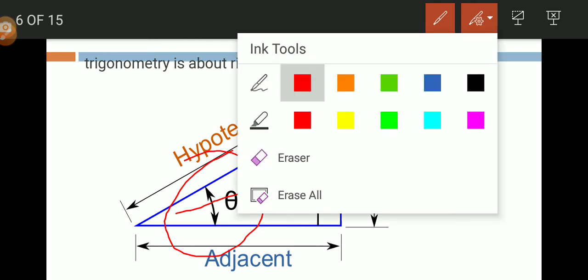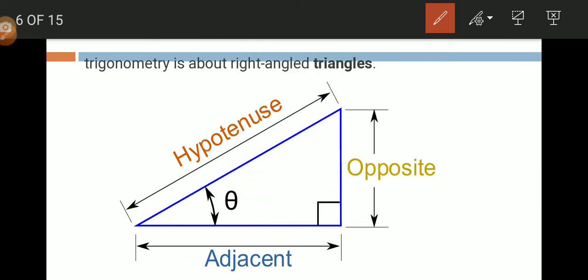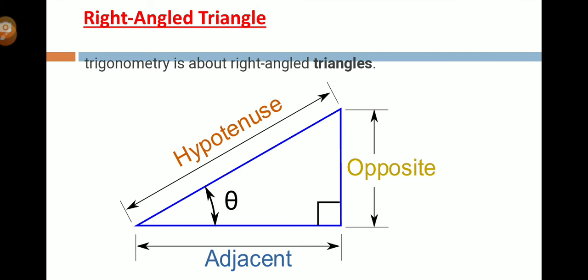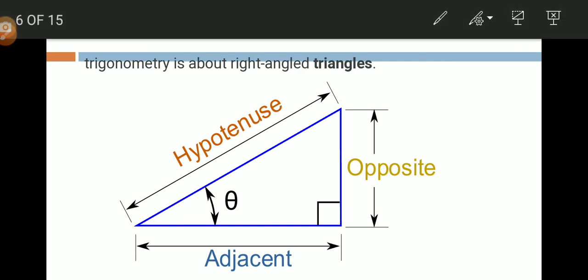Trigonometry is all about right angle triangles, or right triangles. The side next to theta, which is not the hypotenuse, is called the adjacent.